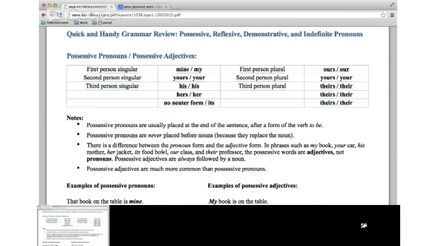There is a difference between the pronoun form and the adjective form. In phrases such as my book, your car, his mother, her jacket, its food bowl, our class, and their professor, the possessive words are adjectives, not pronouns. Possessive adjectives are always followed by a noun.